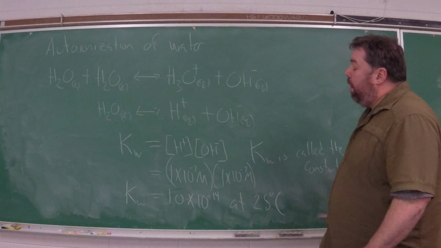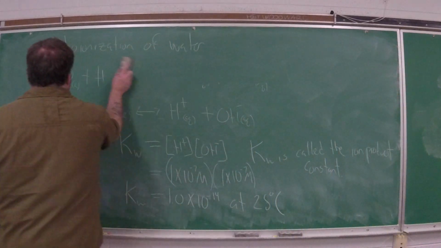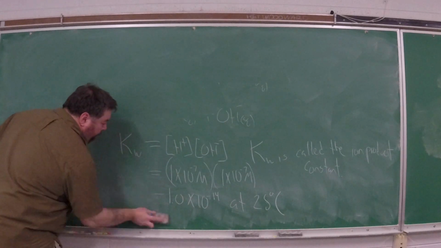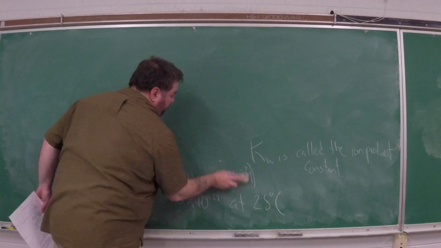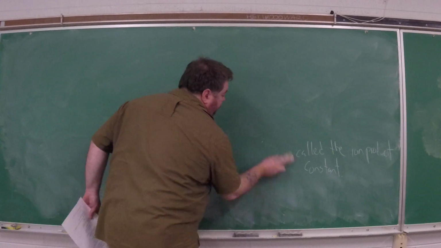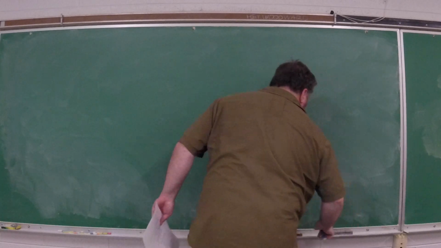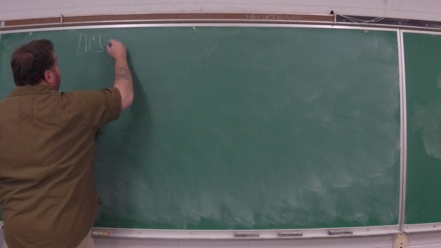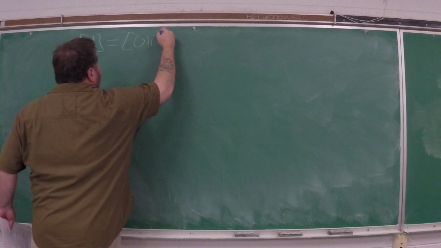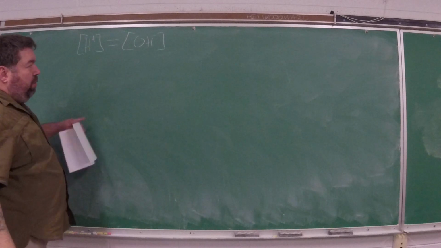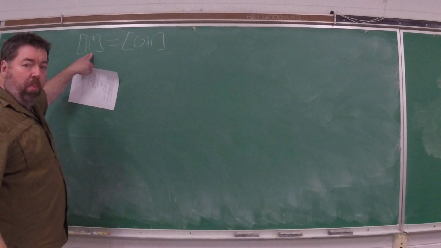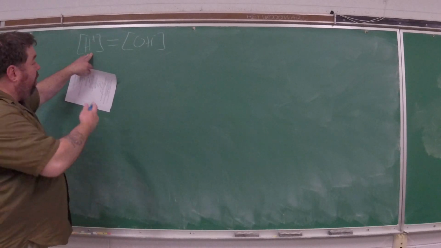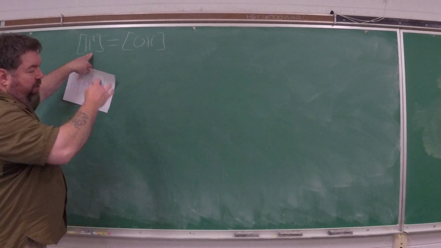Now, if we have a solution, the H plus concentration equals OH minus. Remember, I could also use H3O plus here. The H plus is actually attached to an H2O molecule, H3O. So I can put H3O plus there, it's the same thing. Either way, it doesn't matter.